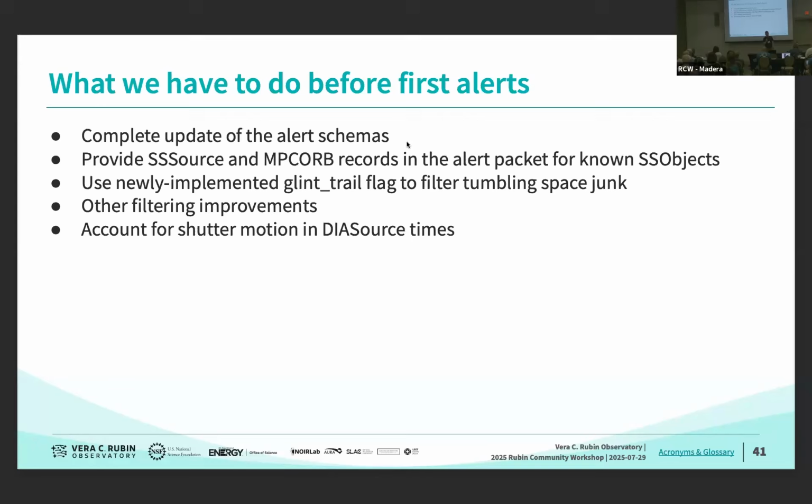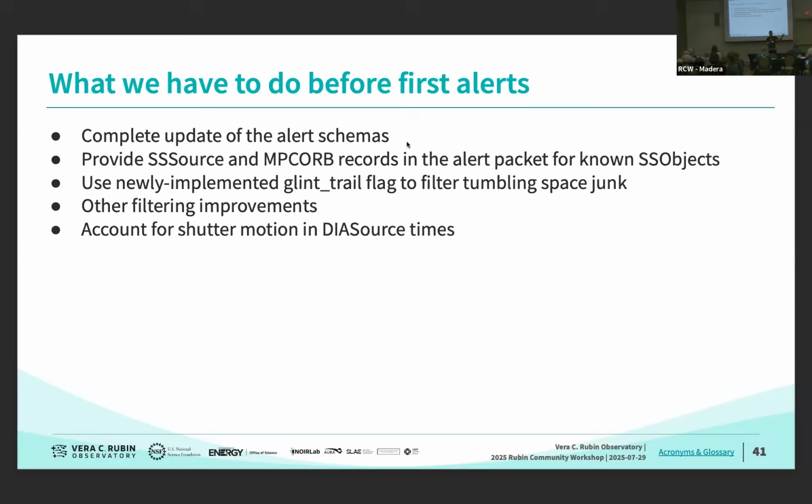We have implemented a flag and an algorithmic approach to look for glints from rotating space junk. This is something that has been seen in ZTF and other surveys, and we also see it in our data. So we want to be able to identify those. We have an algorithm and a flag now, and so we're going to filter those out so they won't reach you.